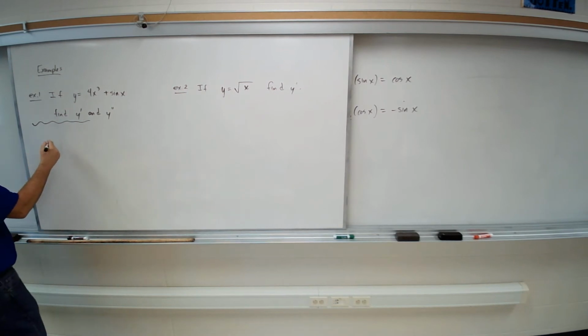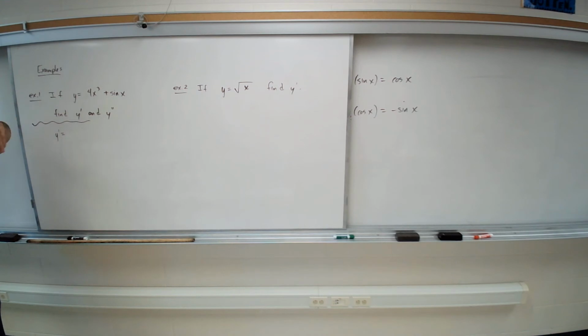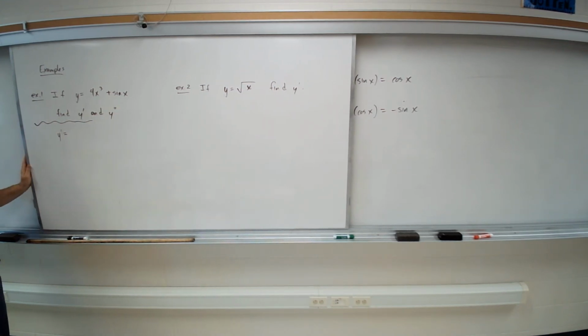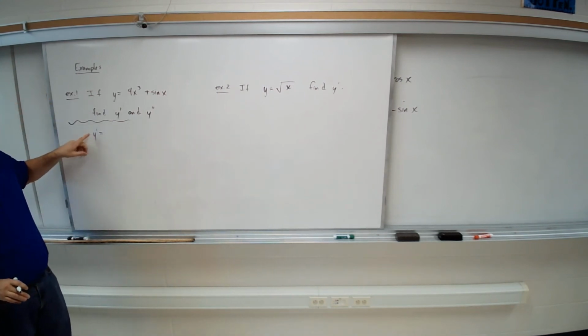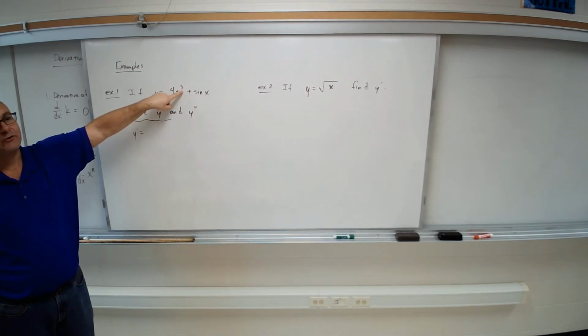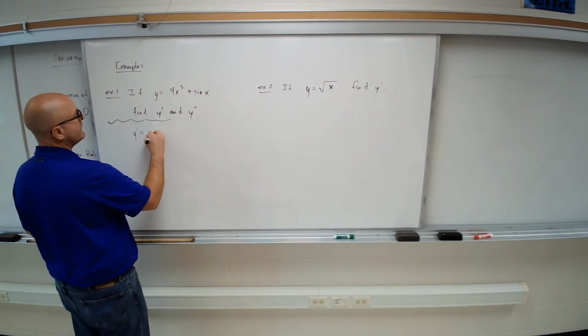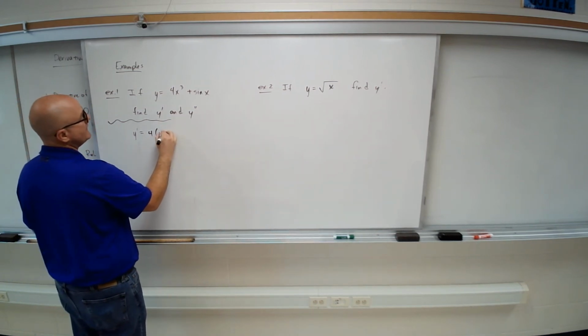So I'm just going to write y prime equals, because again, label your equations. It's a bad idea if you just have a page full of equations with no labels on them, right? We want to label them. So for y prime, we know that to do 4x cubed, that's going to be 4, and I'm going to show a bunch of steps here, times the derivative of x cubed.